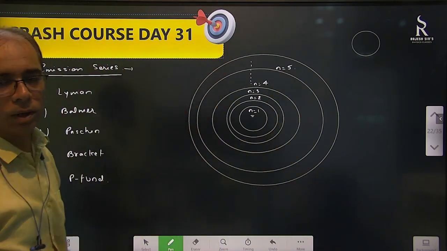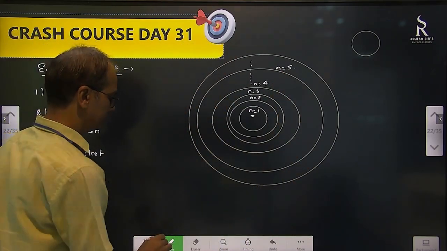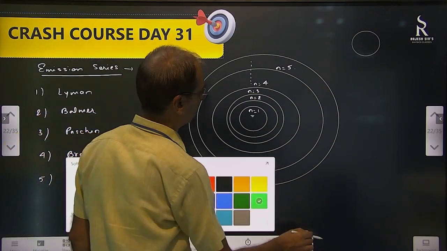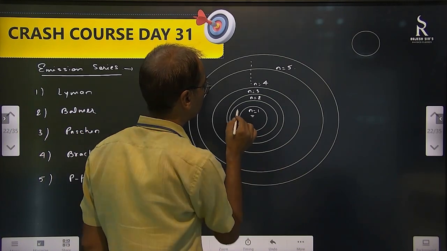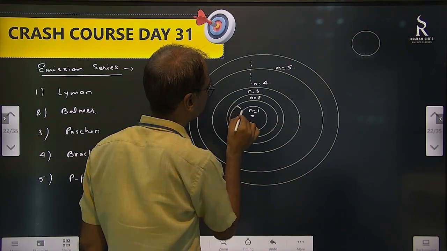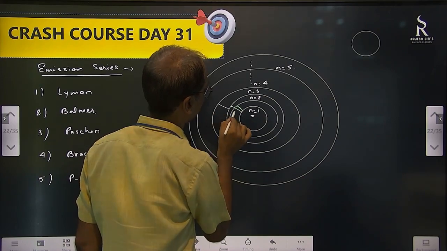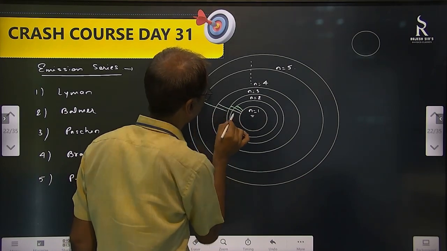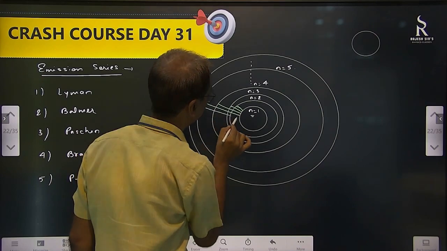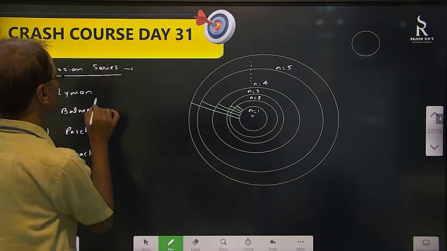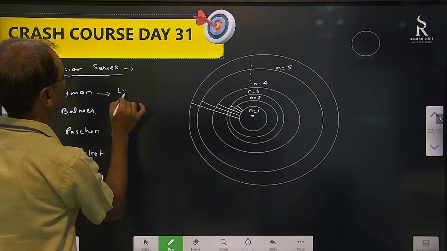When you talk about the Lyman series, let's say we show it with green color: the electron is jumping from n equal to 2, n equal to 3, n equal to 4, n equal to 5, or n equal to infinity. These are all Lyman series.